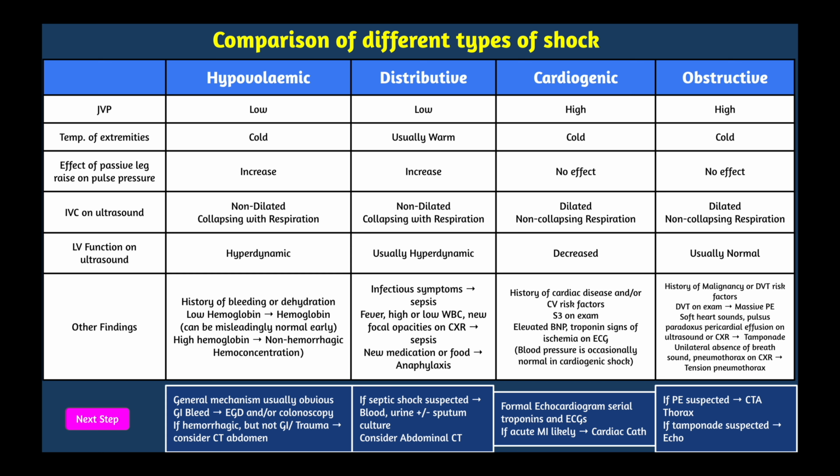You also want to look for other findings which may help support the diagnosis you have made. For example, history of bleeding or dehydration, history of exposure to any infectious organisms, history of any cardiac disease or cardiac symptoms on presentation, and history of any malignancies or venous thromboembolisms.